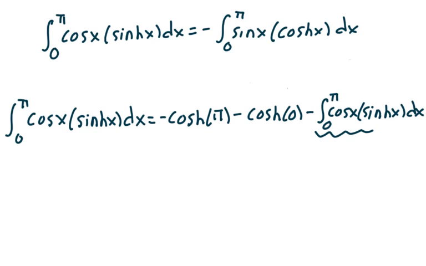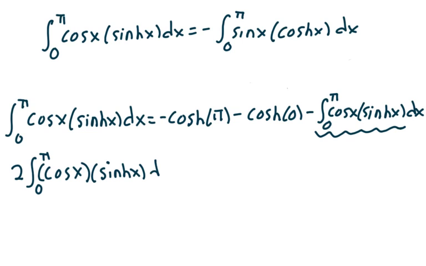And so I'm going to add that quantity over to the other side. And so I get twice the integral from 0 to pi of cosine x times hyperbolic sine of x dx, and this is going to be negative hyperbolic cosine pi minus hyperbolic cosine of 0.